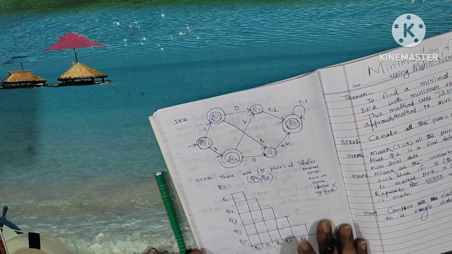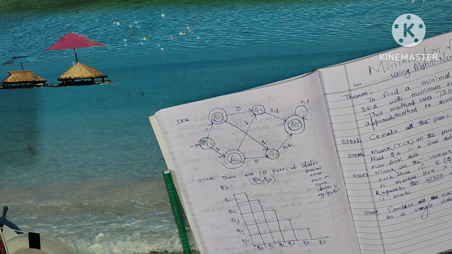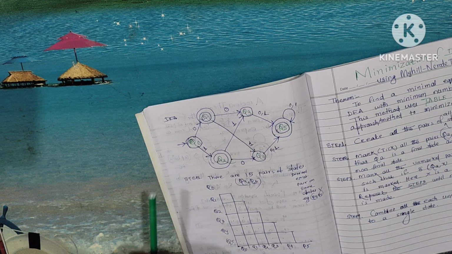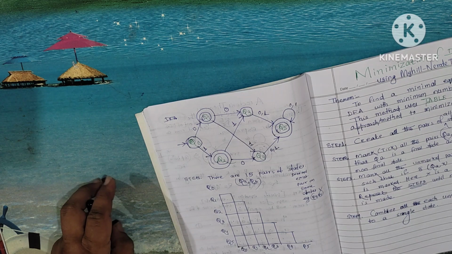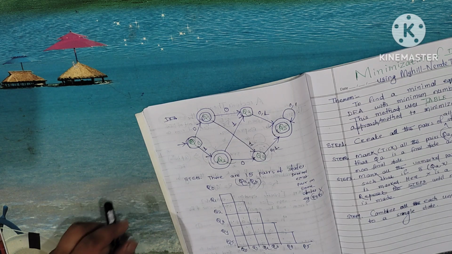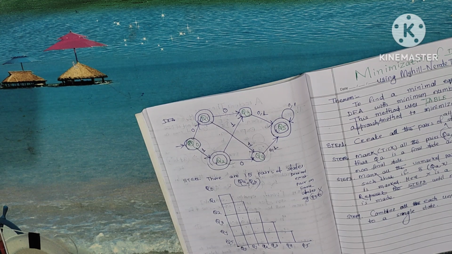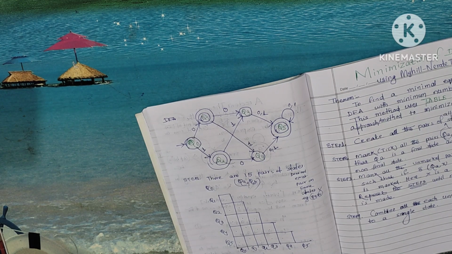Step number 2. What do we have to do for that? Let us write step number 2 here. So let us have a brief idea. What are the states here?